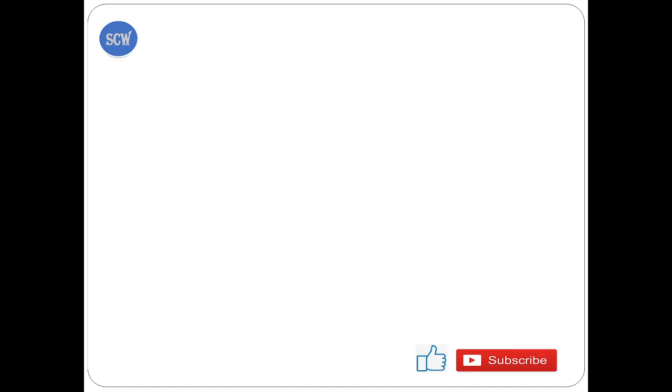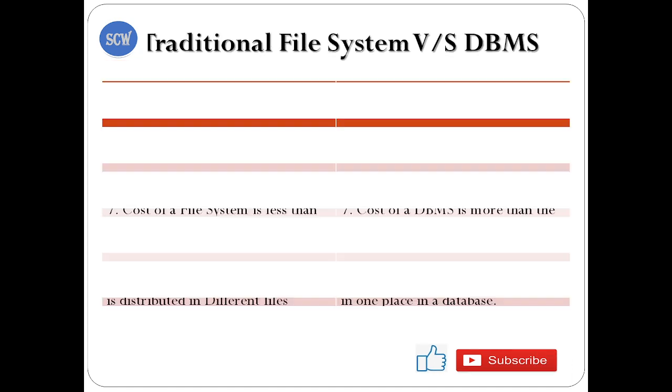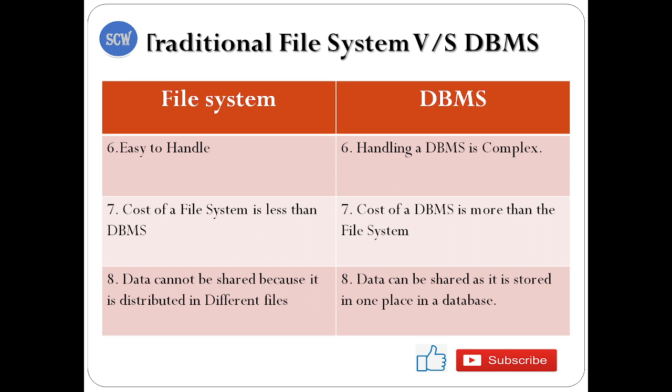Let us see next. The traditional file system is easy to handle. It is not complex. But DBMS software is complex to handle because of some queries, right? So this is a drawback of the DBMS. And seventh one, the cost of a file system is less than DBMS.